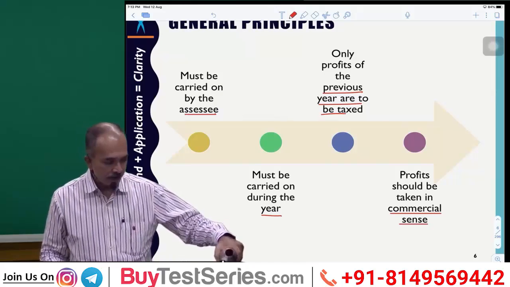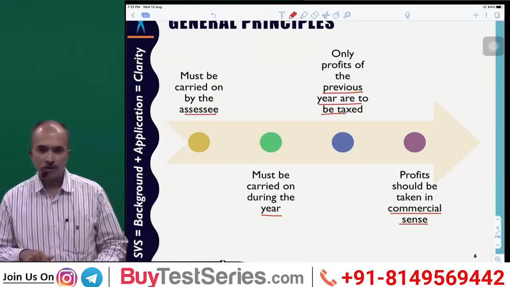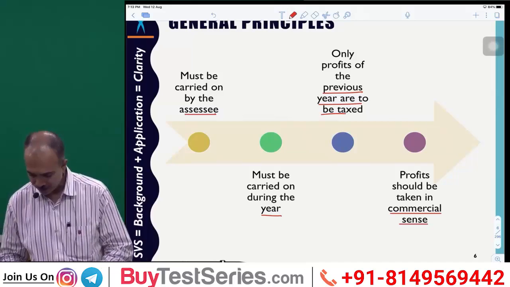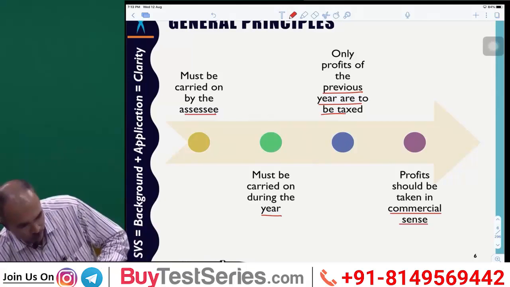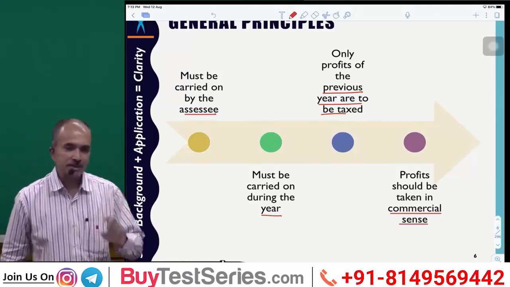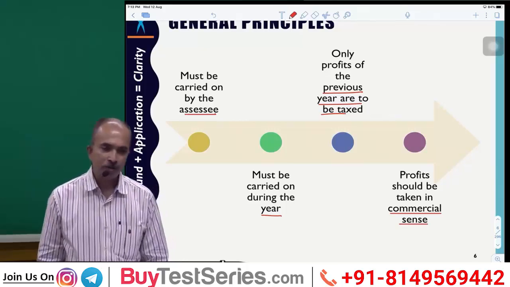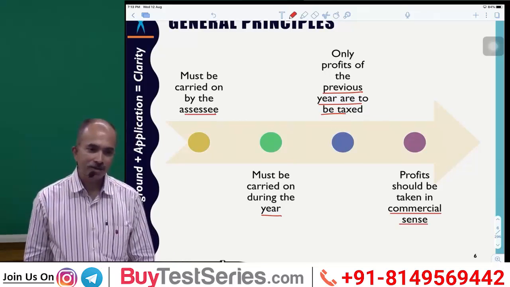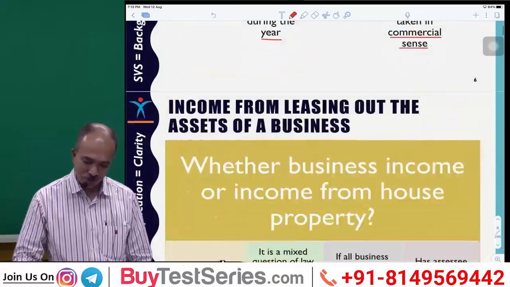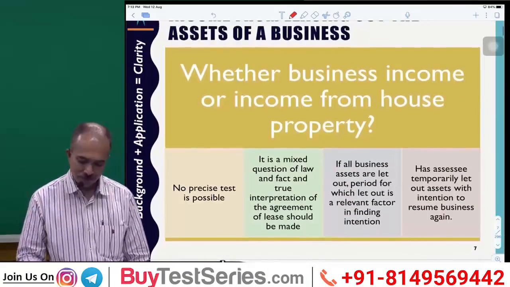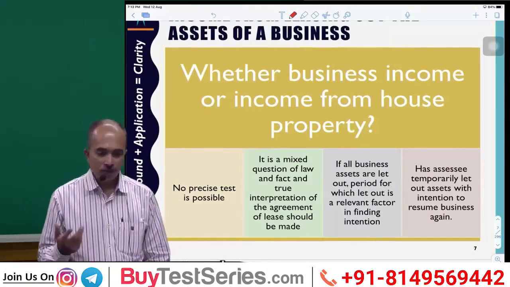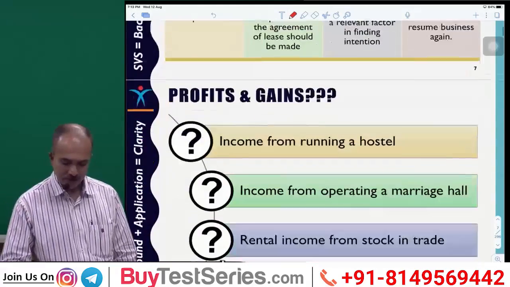Then typically for certain assets which are leased out or rented out, there is an interesting debate. Does that income fall under house property or under business or profession? What am I talking of? Which points are we really discussing?